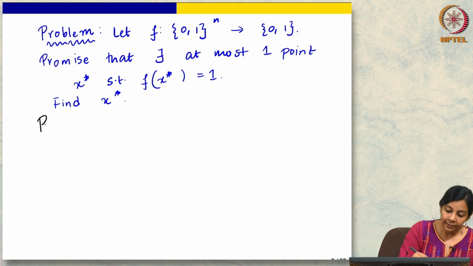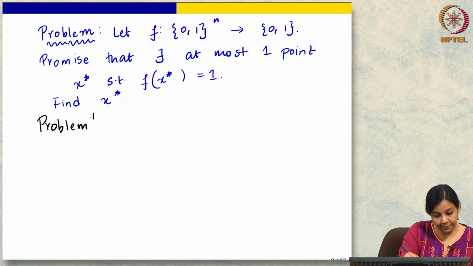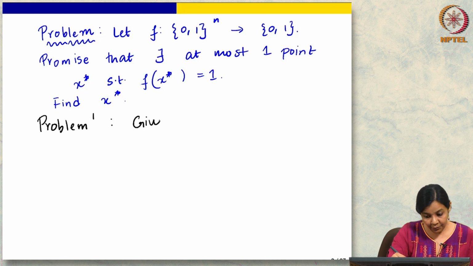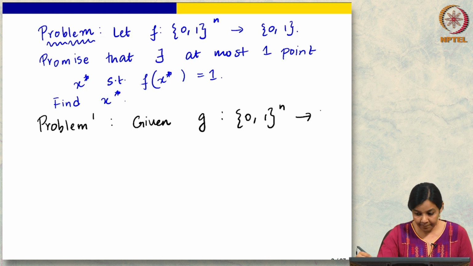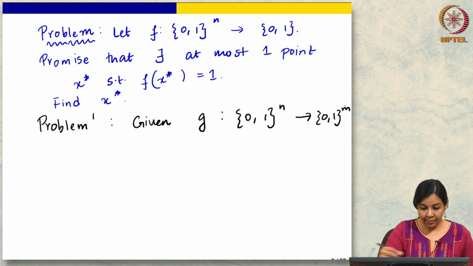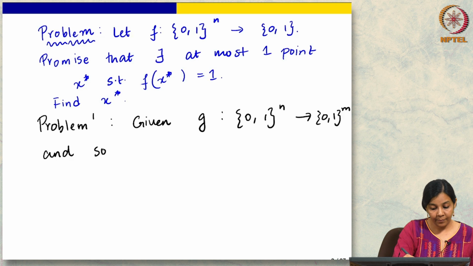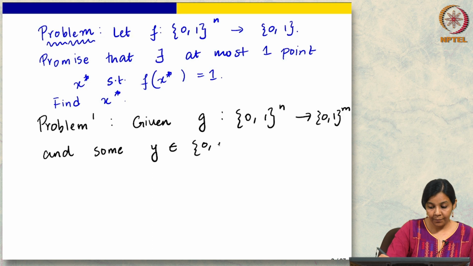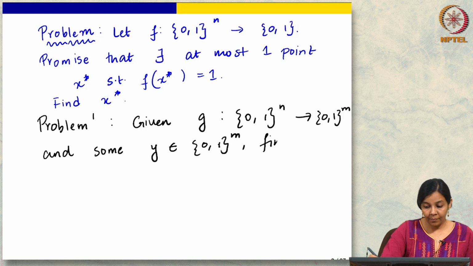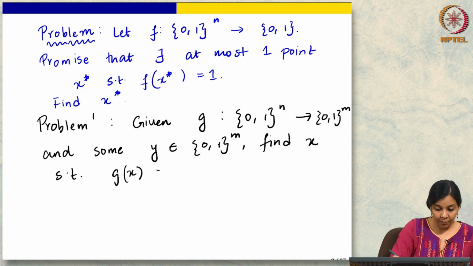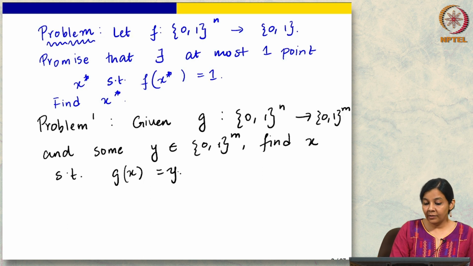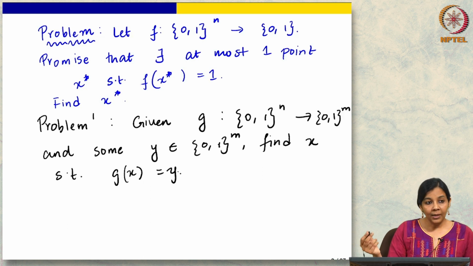So let me write down a problem prime, which is that if I give you some function g and some y, then the question is to find x such that g of x is equal to y.